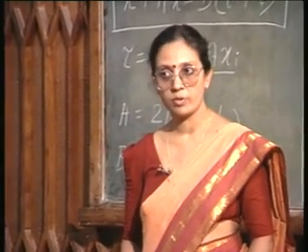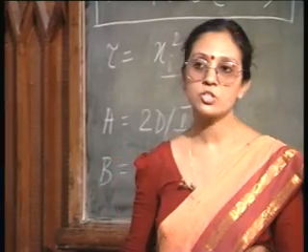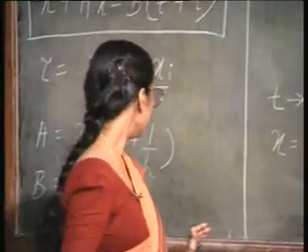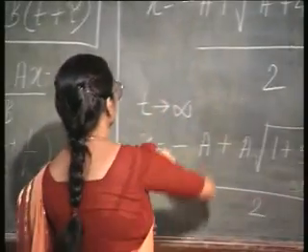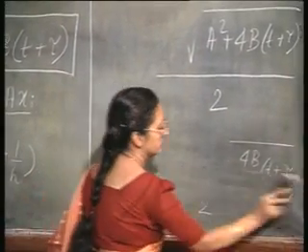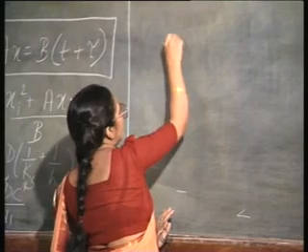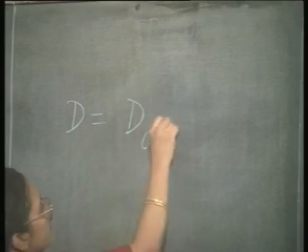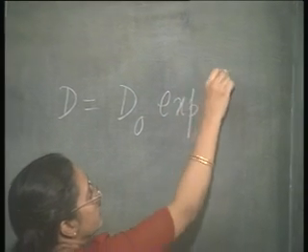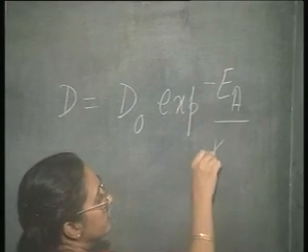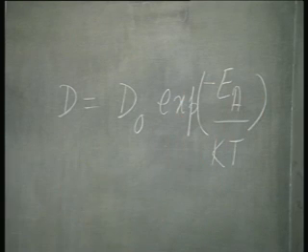D is the diffusion coefficient which increases exponentially with temperature. That is to say, D can be written as D0 exponential minus E_A by kT, where this E suffix A is called the activation energy, T is the temperature. Okay?